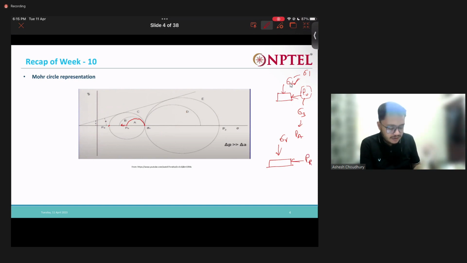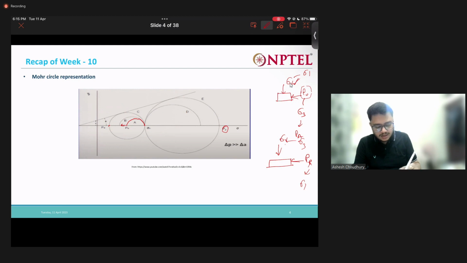So this passive will be greater than this vertical, right? So this PP is my sigma 1 and this sigma V is my sigma 3. So in this case we will get this circle E. Circle C is for my active case and circle E is for my passive case.